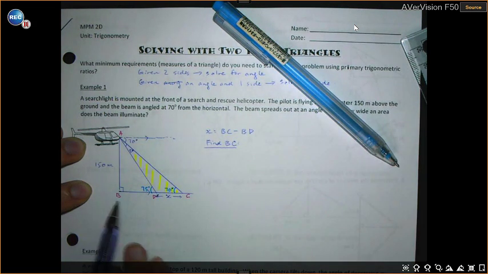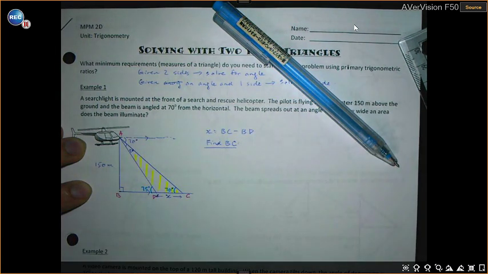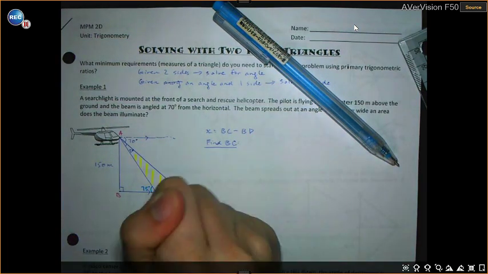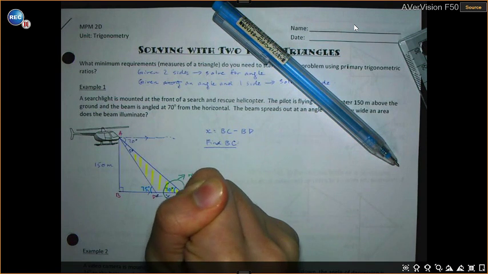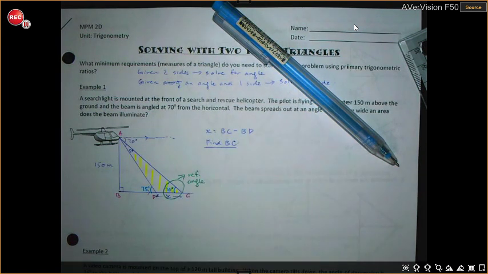To find BC, we're looking at this bigger right triangle here. So the reference angle, let me just grab another color. The reference angle will be 70. BC, the side that we're trying to find, will be the adjacent.